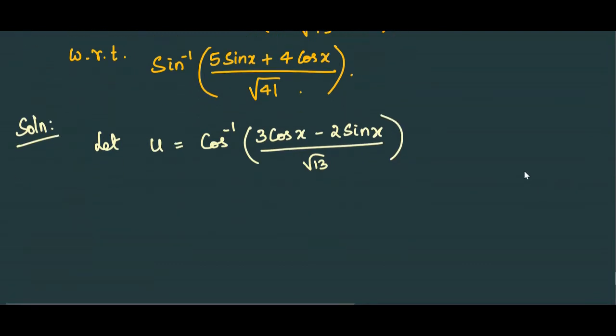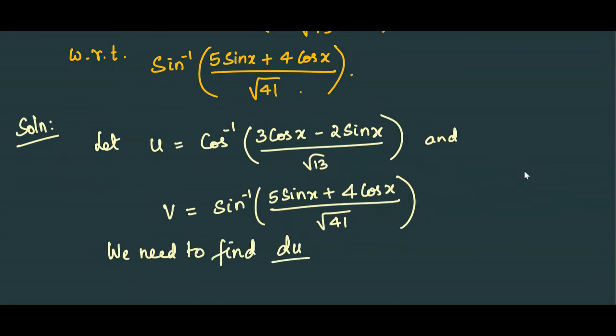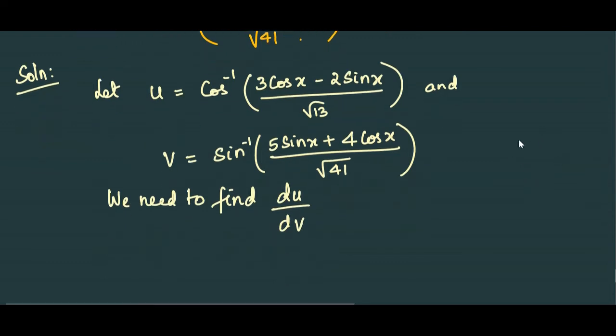Now I'll let v be sin inverse of (5 sin x plus 4 cos x) by root 41. We need to find du upon dv, derivative of u with respect to v.